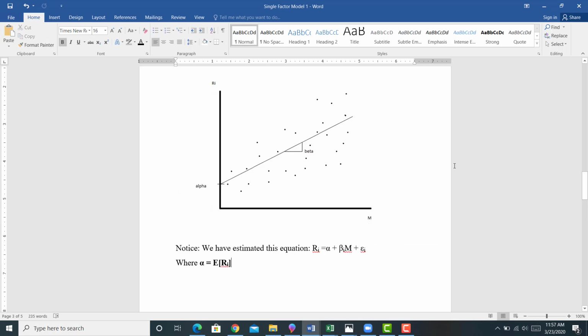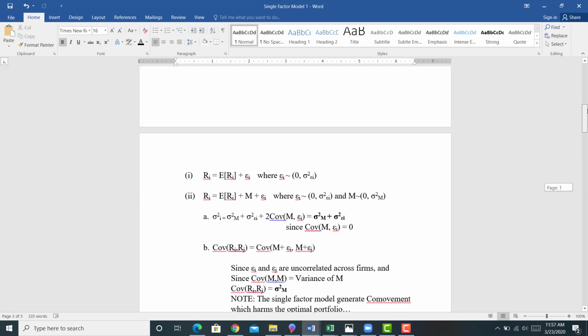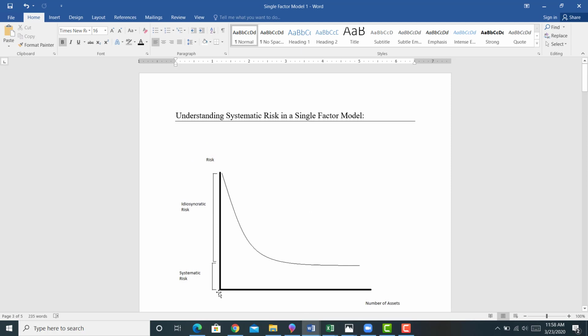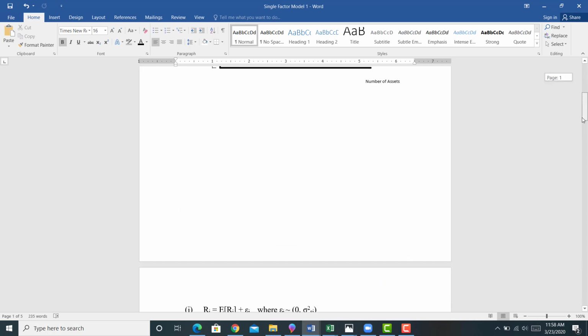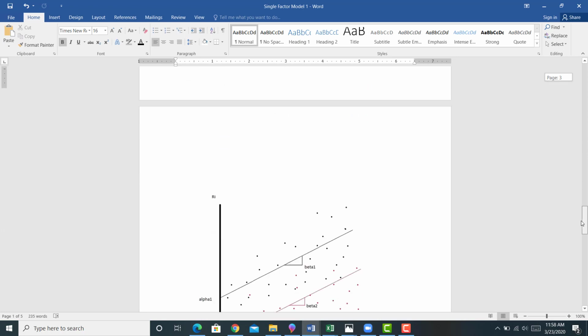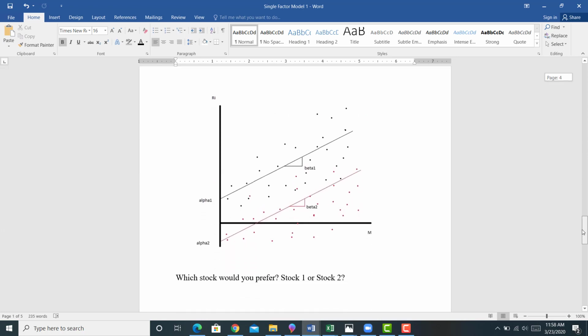Now, it's important to understand, just like idiosyncratic risk can be diversified away, as we increase the number of assets in our portfolio and we're decreasing the idiosyncratic risk and all we're left with is systematic risk, it's also possible that alphas can be arbitraged away. So let's say there's two stocks, asset one and asset two.